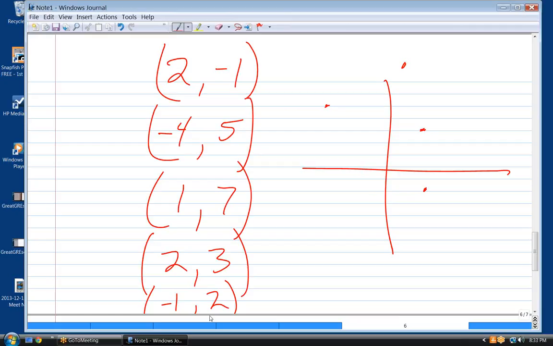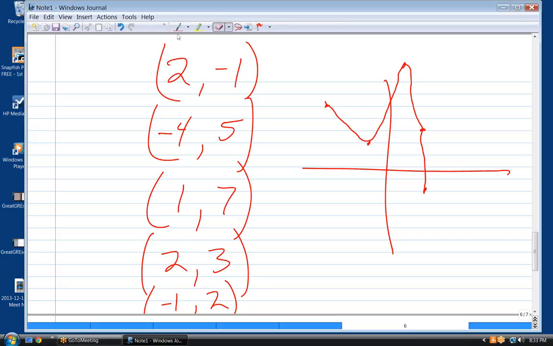If I plot the fourth point here, minus 1, comma 2, that doesn't violate anything. But if I try connecting these dots, I have a vertical line right here. That does not pass the vertical line test. You can't have a vertical line in a function. So that is a relation.